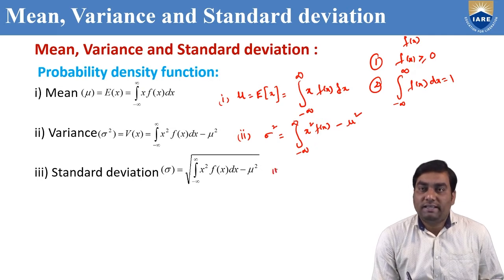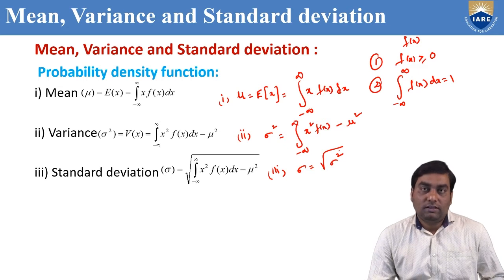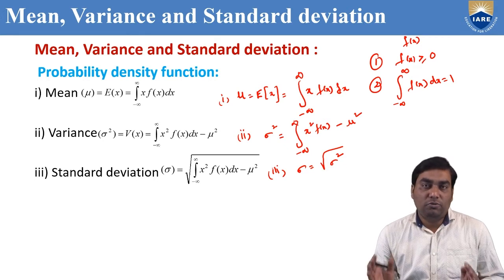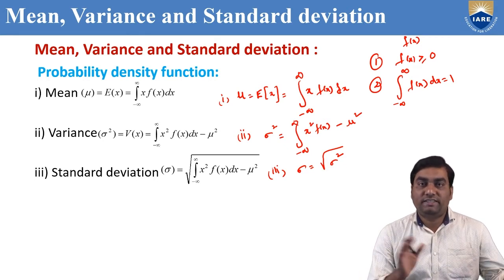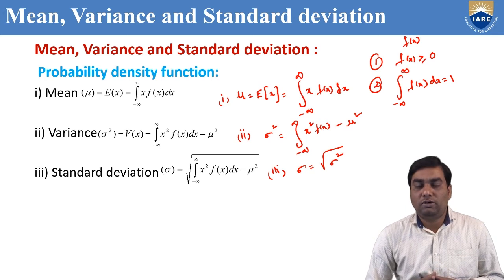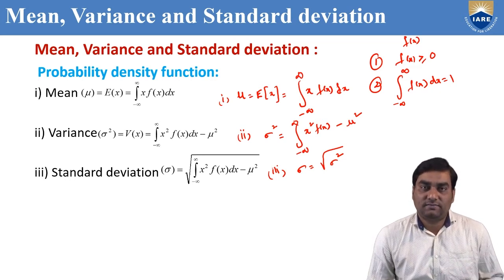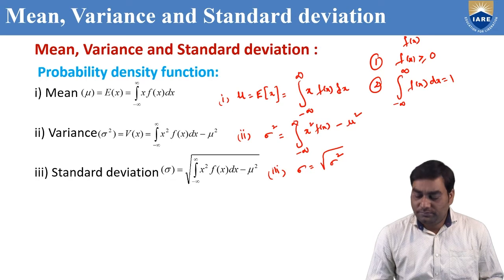After getting the variance, we can find the standard deviation sigma, which is the square root of sigma square. The mean, variance and standard deviation of the probability density function are almost equal to those of the probability mass function. Only one change: instead of summation, we replace it with integration over dx. Right?